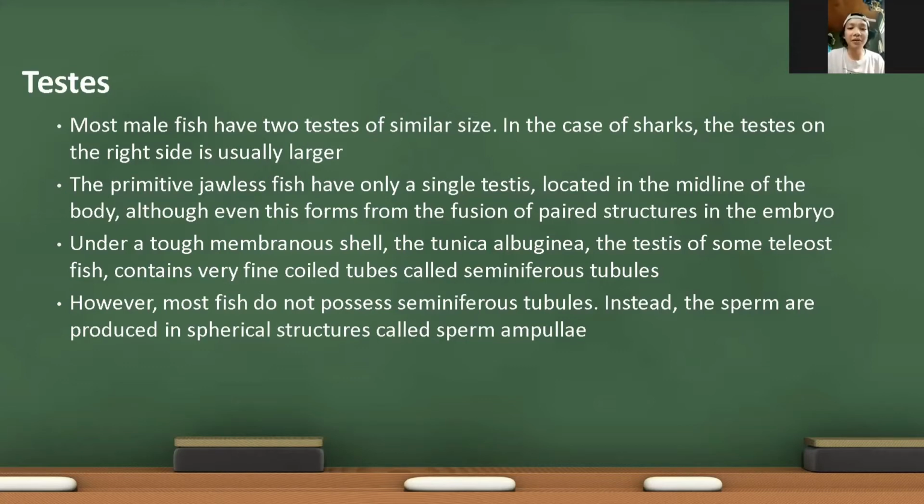However, most fish do not possess seminiferous tubules. Instead, the sperm are produced in spherical structures called sperm ampullae.